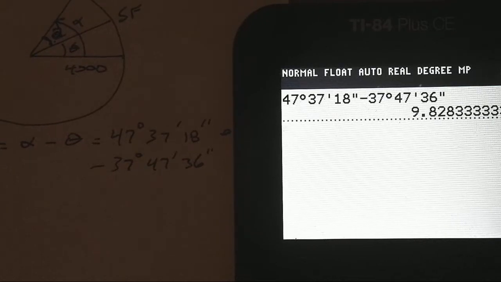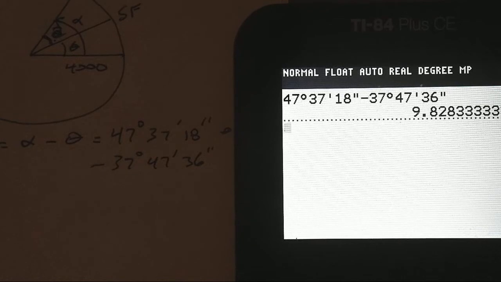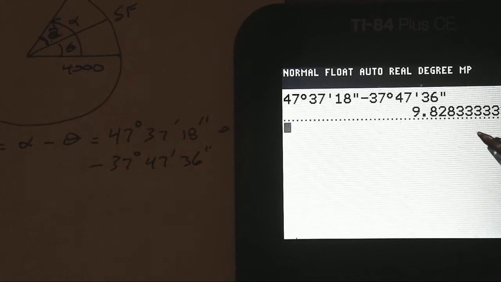That is the degree measure. In fact, that's our degree measure right now.